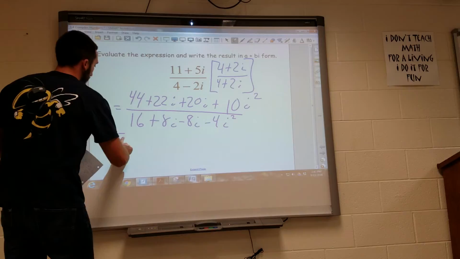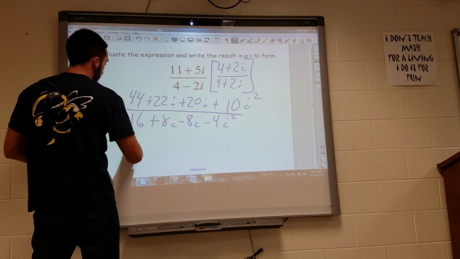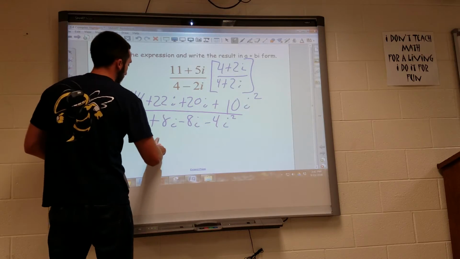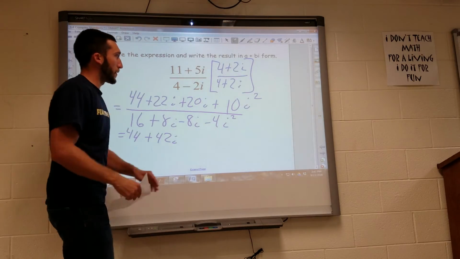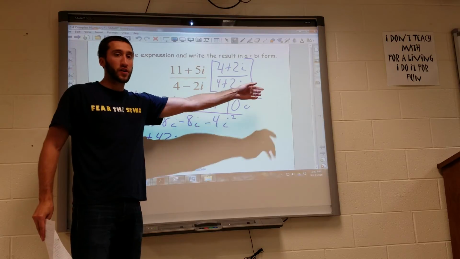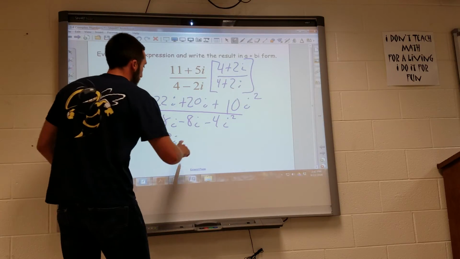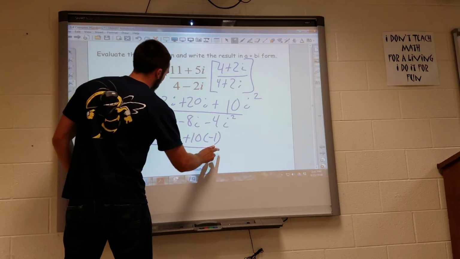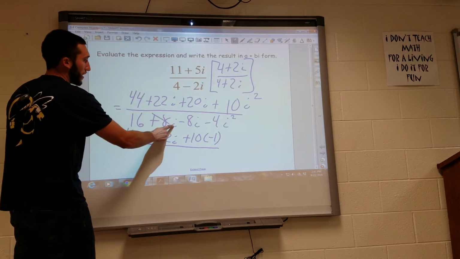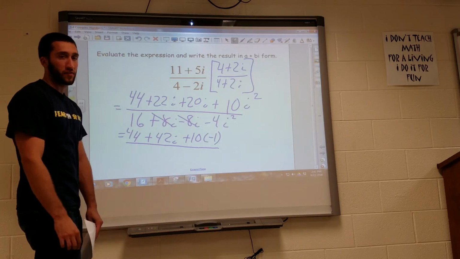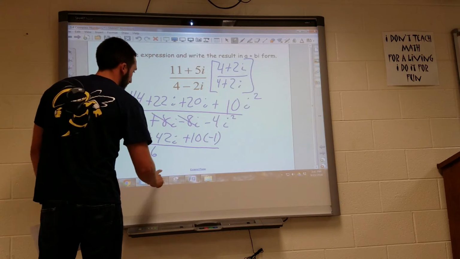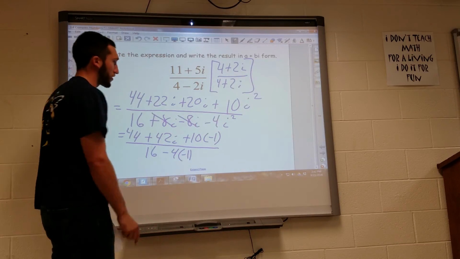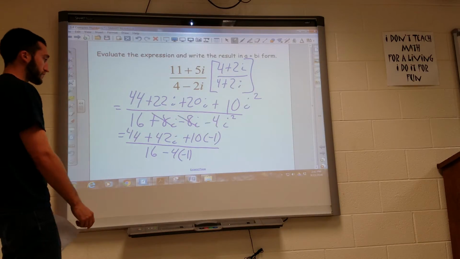So now we can simplify a little bit. We've got 44 on the top. We can combine our i terms to get a positive 42i. And then remember that i squared turns into a negative 1. So we get plus 10 times negative 1. All divided by, well, we have a positive 8i and a negative 8i, so those cancel. So I'm left with 16 minus 4 times, and this i squared also turns into a negative 1.